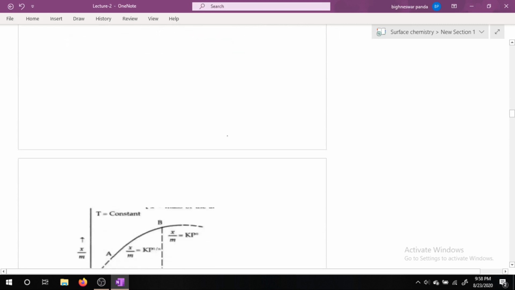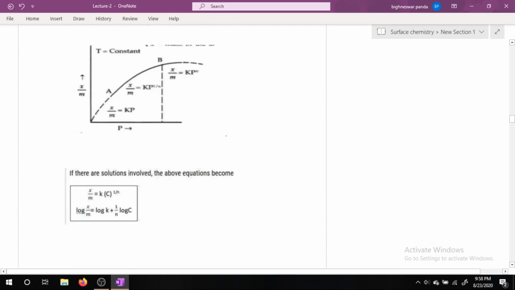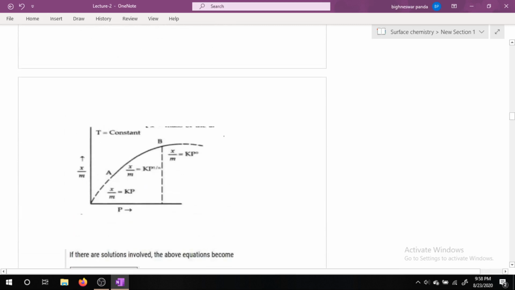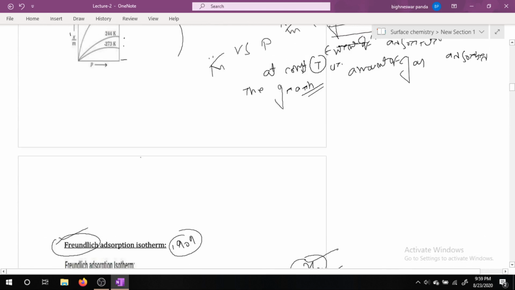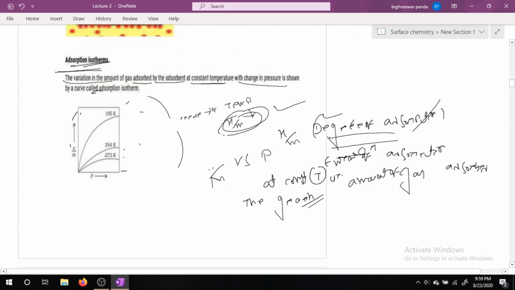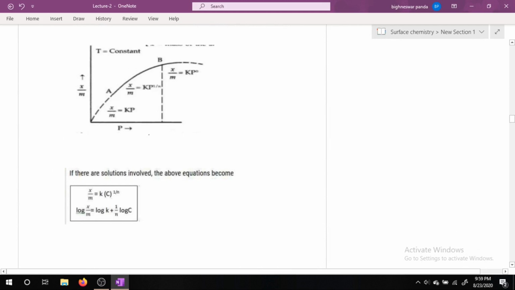Again, one of the important parts is there. By observing the curves in this graph, there are three curves, but by observing one of the curves, we find that with increase in pressure x by m increases. So here we have two cases.